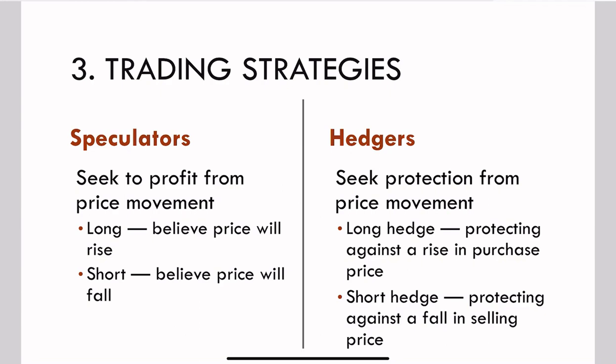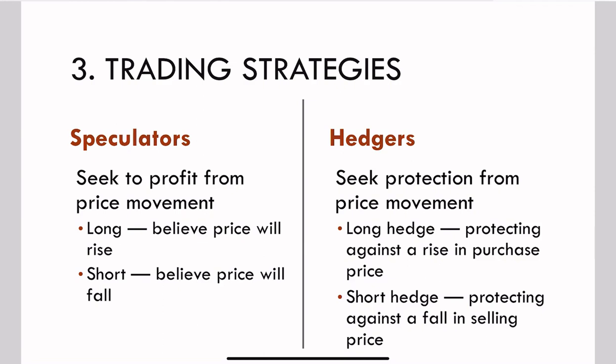So speculators are trying to make money. You're trying to profit from price movement. So if you think the price of the commodity will increase, then you will take a long position. If you think the price of the commodity will decrease, then you will take a short position.